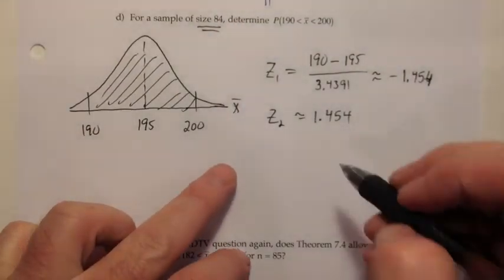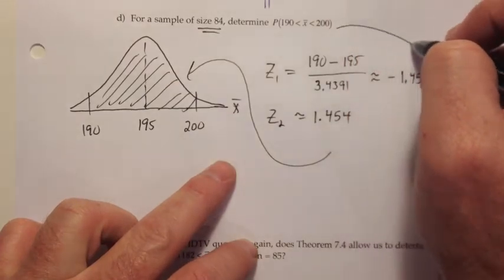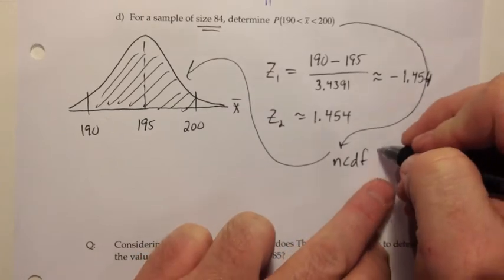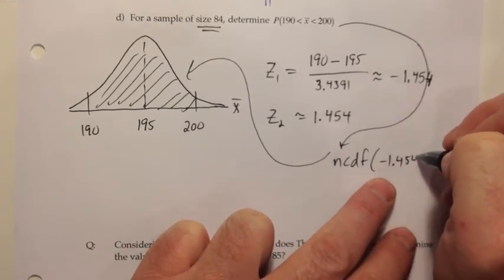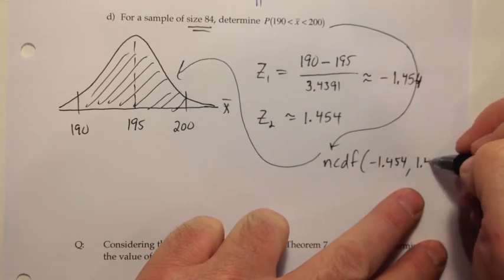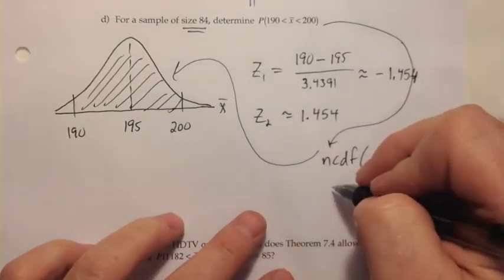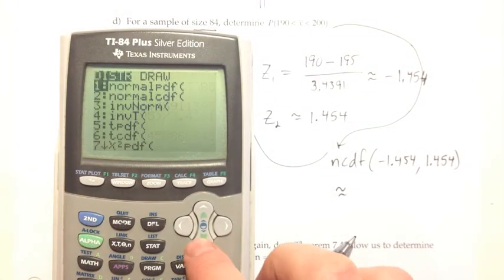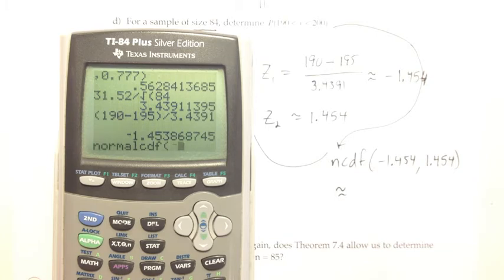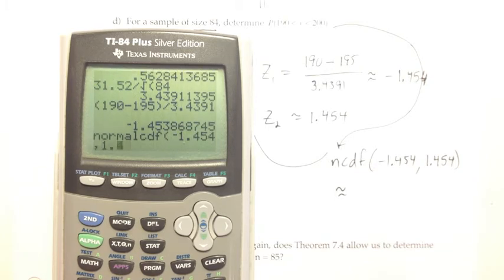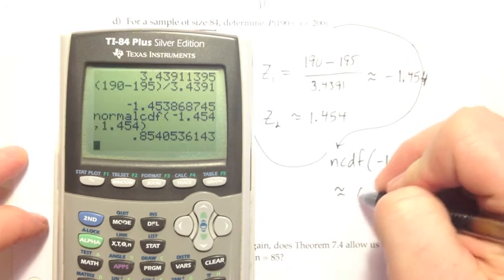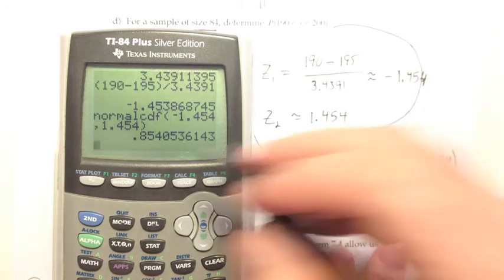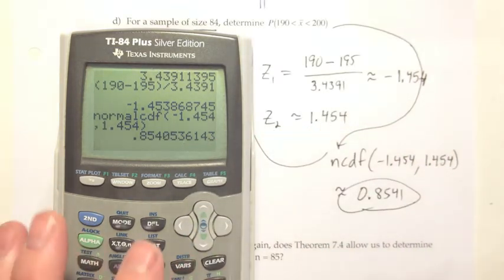And now let's go ahead and do that area. That area, which is also the probability, would come from normal CDF, our left z-score, negative 1.454, to our right z-score, positive 1.454. And put that in the calculator and we'll know our area. So distribution, normal CDF, negative 1.454 to positive 1.454. And now we have 0.8541, a 0 but followed by a 5, so we'd round that up.